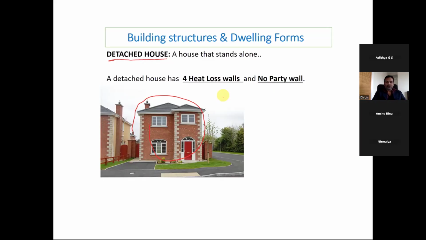This particular house has 4 heat loss walls and no party wall. Party wall is something that we have seen in the previous slide, and we'll be discussing in the upcoming slide as well. So what we could sense is that a detached property loses a lot more heat than a property with a party wall.